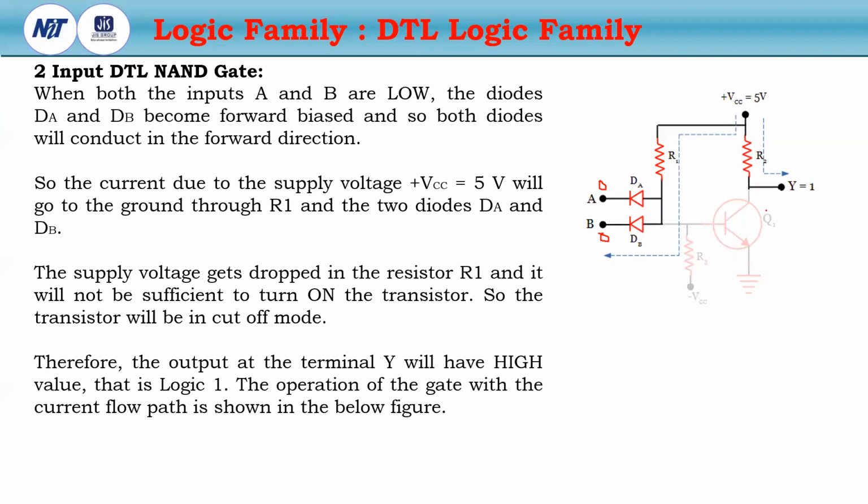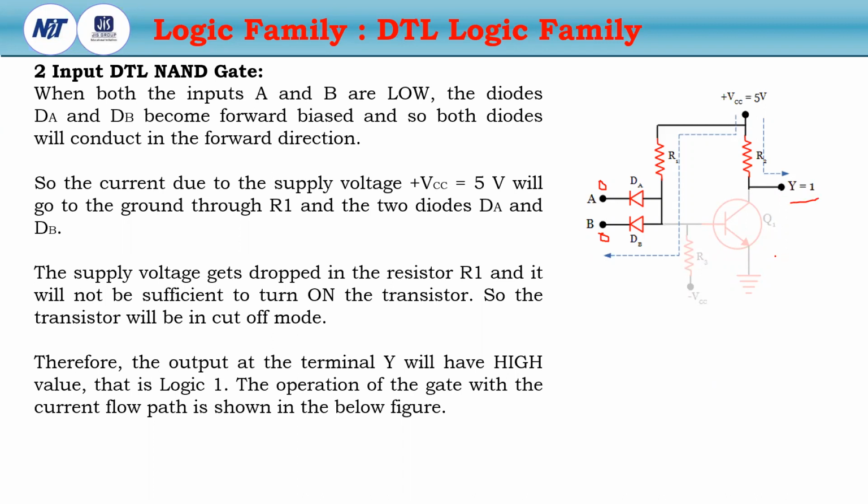So Q1 is in cutoff mode. If Q1 is in cutoff mode, then it is open circuited. For this reason, no current will be produced through R2, so the output will be VCC. For this reason, it is called logic 1.